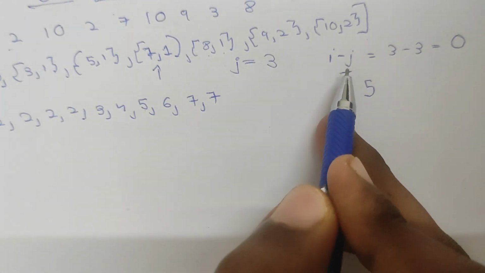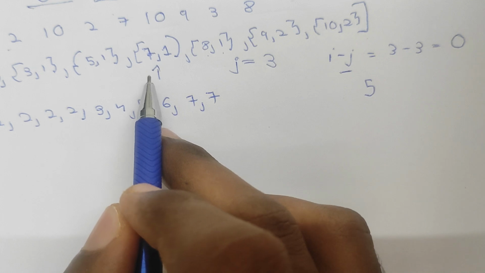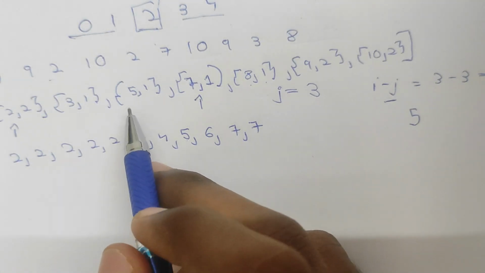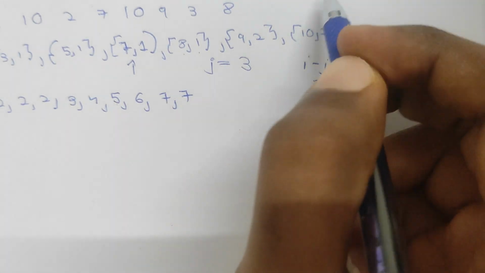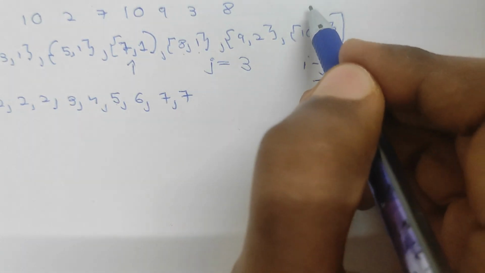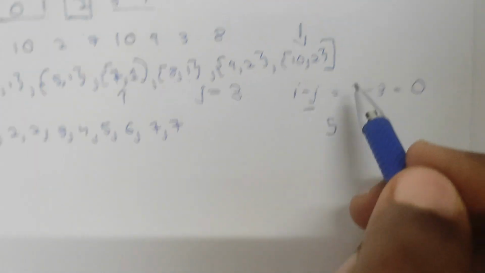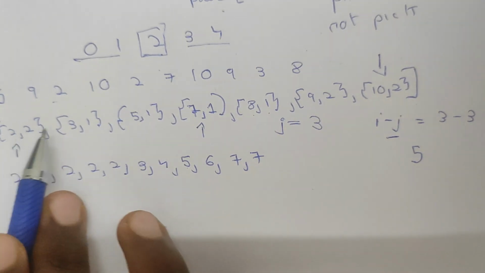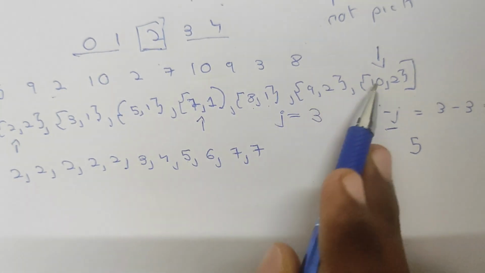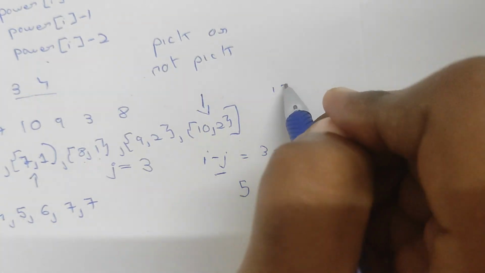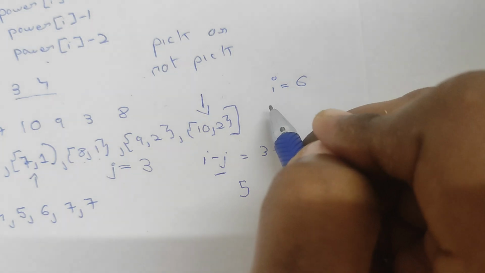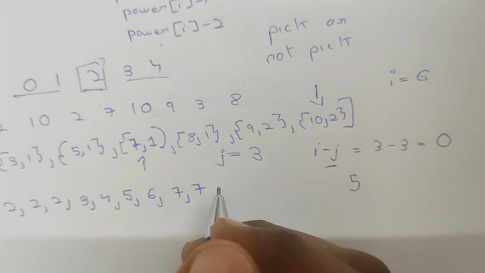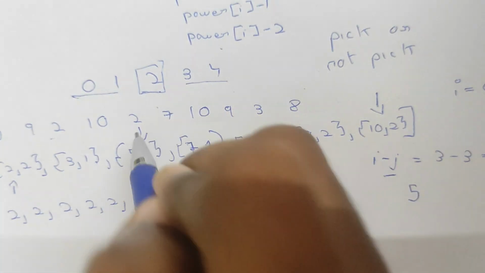So what was j again? j was the distance to the previously chosen value. Suppose the current index is on this particular value: 0, 1, 2, 3, 4, 5, 6, so i is equal to 6. Suppose the previous value that we chose is this 5.